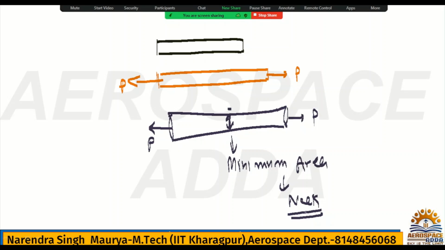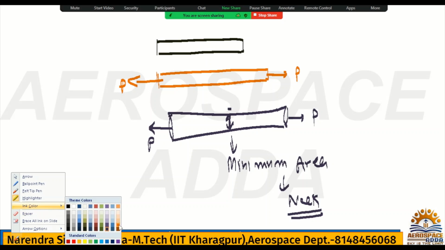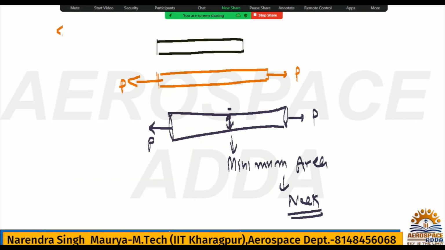Once you gradually increase the load P from 0, then what will happen? We'll get a graph that is called the stress strain graph. So I can give the name stress strain graph, or stress strain relation, or diagram.